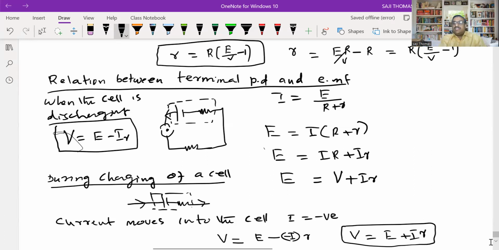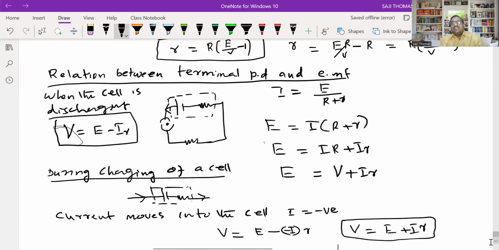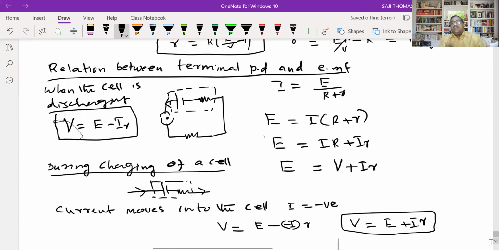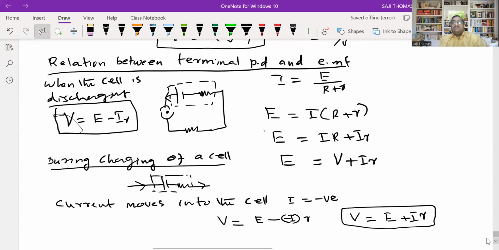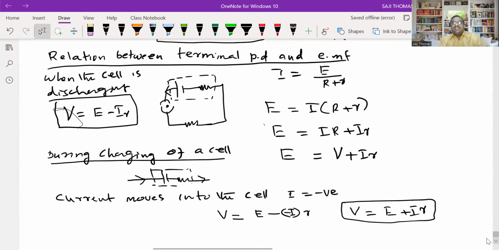So we learned what EMF is. It is the work done by the cell to drive a 1 coulomb positive charge through the entire circuit. What is the difference between terminal potential difference and EMF? EMF is measured as the potential difference across the cell when the cell is in an open circuit. Open means no current is drawn out of the cell.